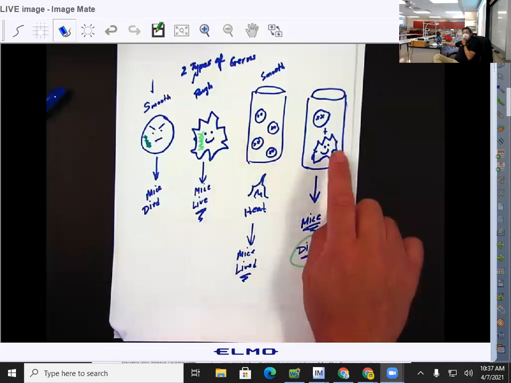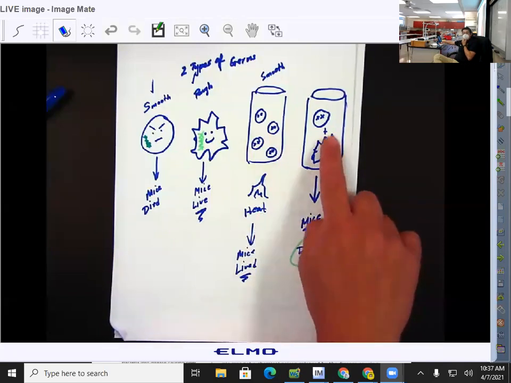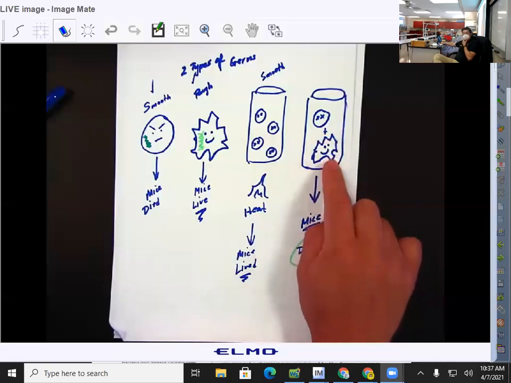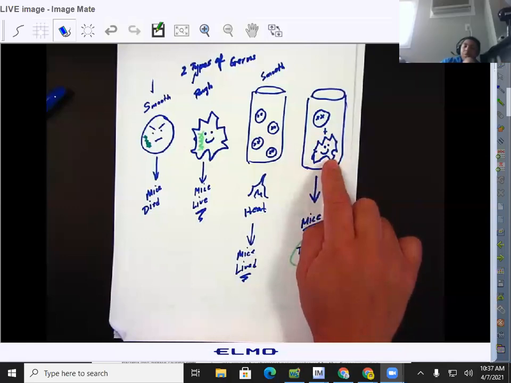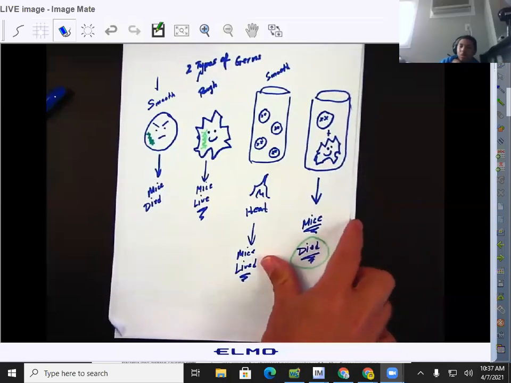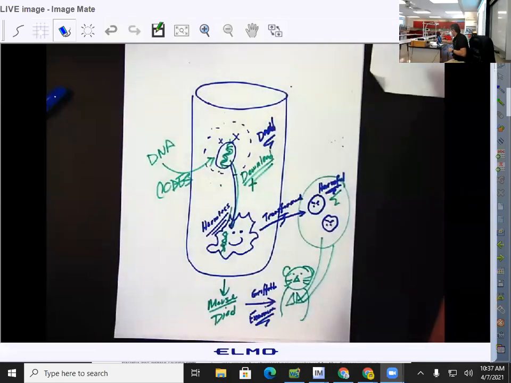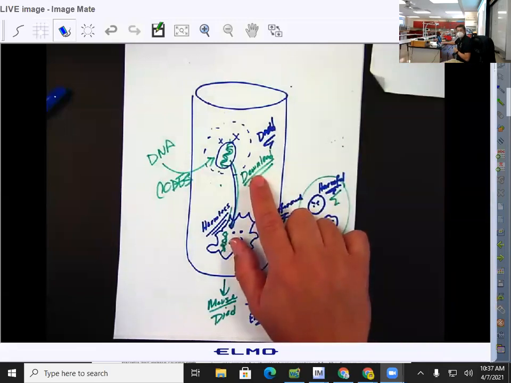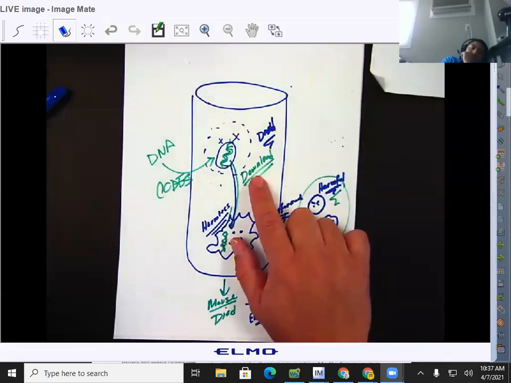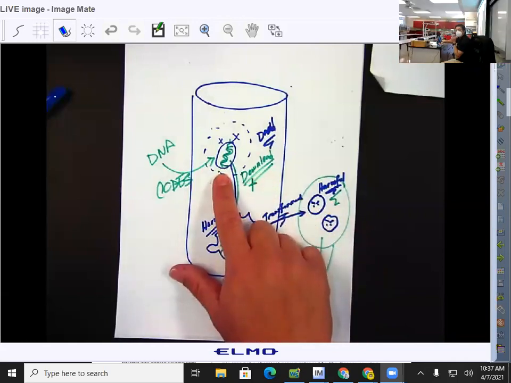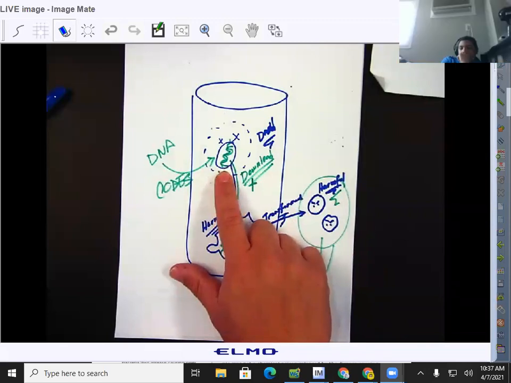Now he added the live, harmless bacteria. And what happened to this harmless bacteria when it was in the juice? It copied something from the old bacteria. Not copied. Think of it like this: it downloaded the DNA from the smooth bacteria.